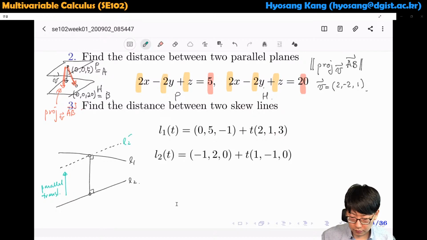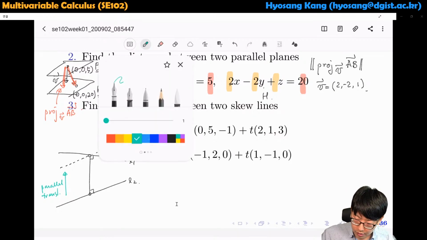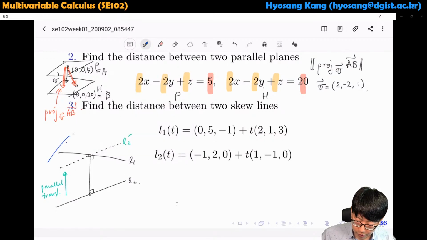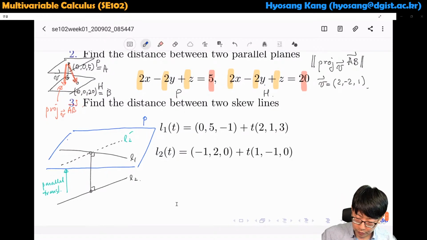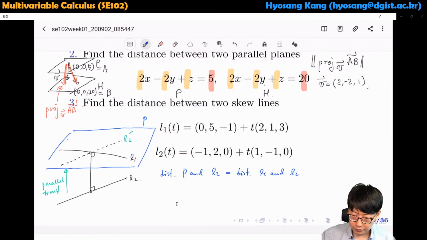Okay, and then there must be a plane P containing both L1 and L2 prime, right? So the question is, what's the distance between P and L2? That's the distance between L1 and L2.